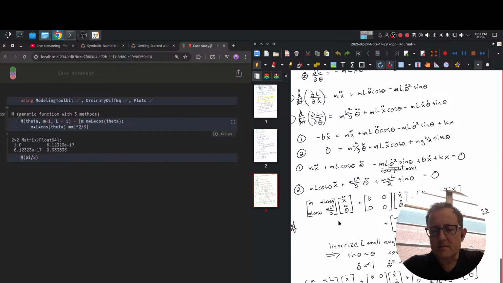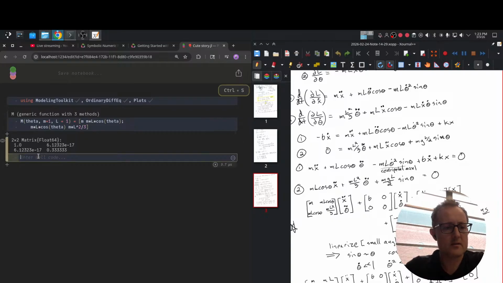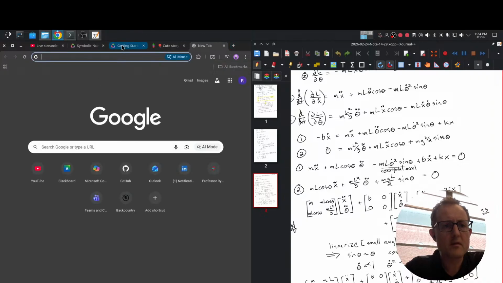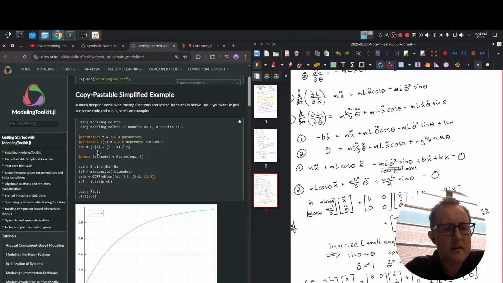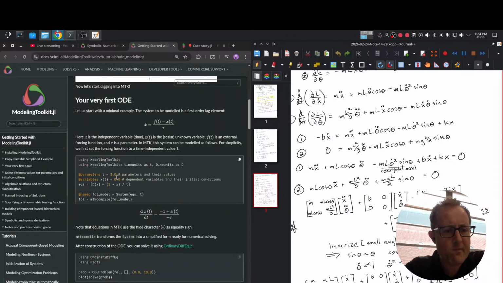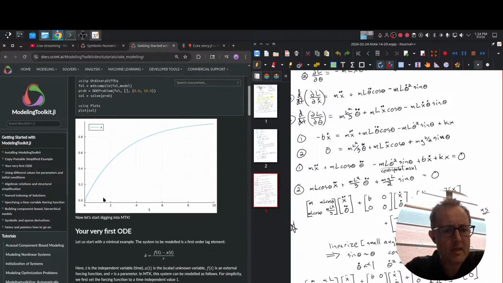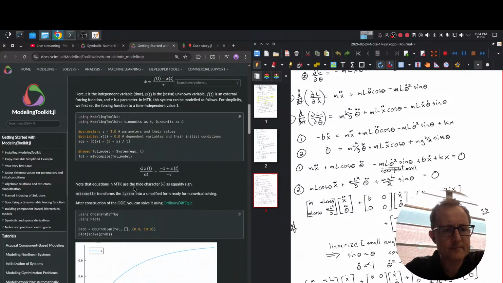That's like this matrix over here. That's going to help me for when I'm trying to define the function. Getting started. So I want to define my equations this way.